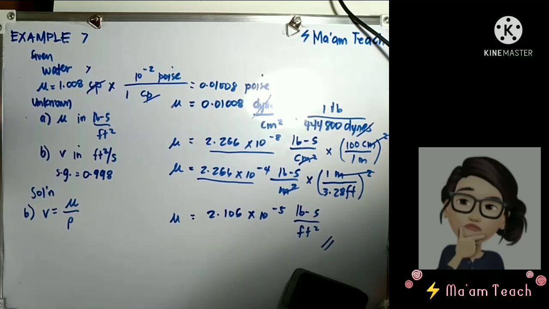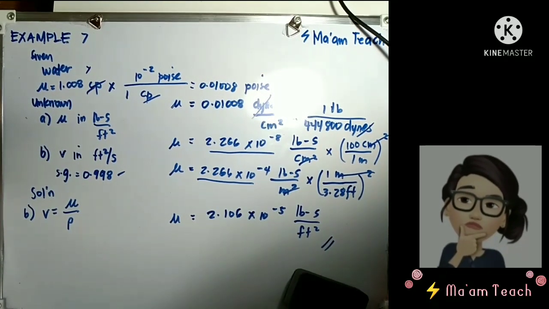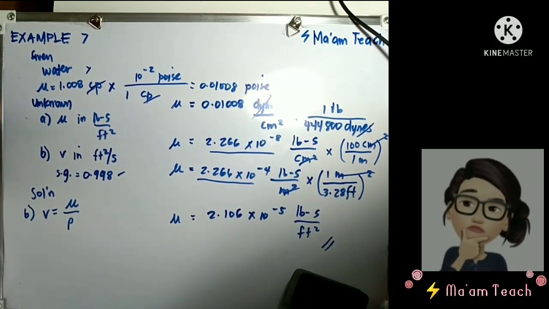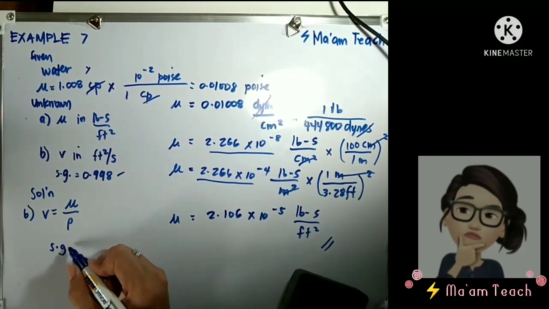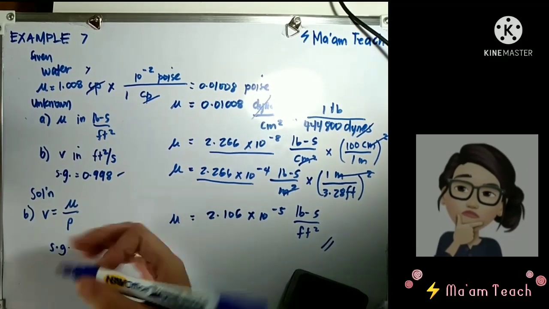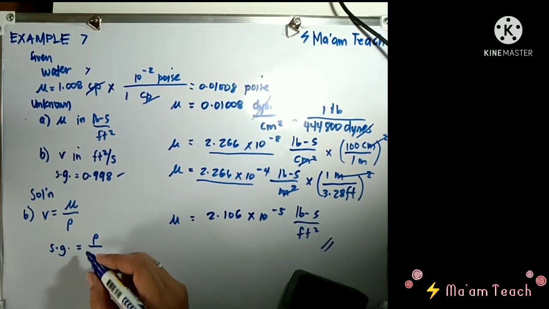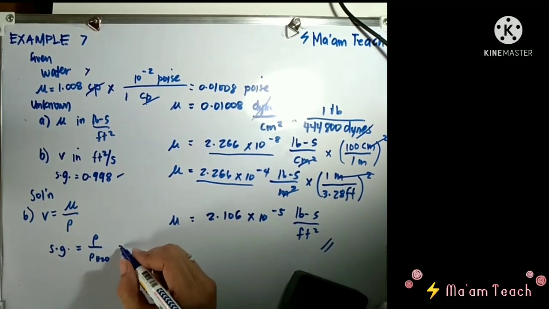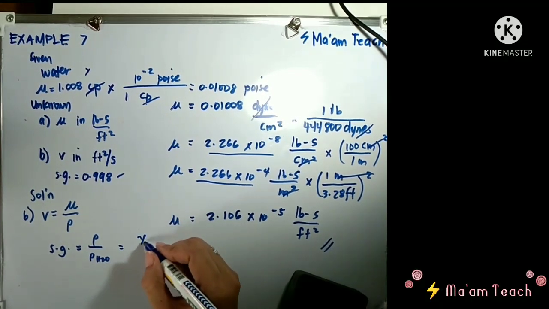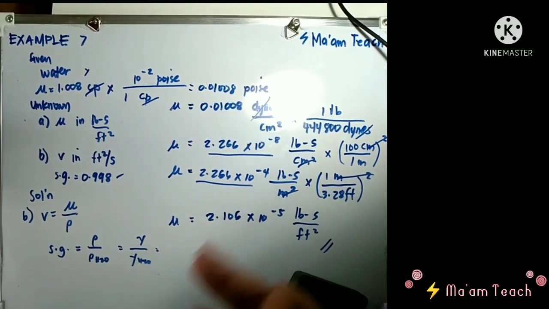Okay? But take note that in letter B, we are given the specific gravity. Specific gravity, if you could recall, is equal to, or can be solved by, density divided by the density of water, or you can solve it by using the specific weight of the substance and the specific weight of water, or you can use the weight itself.